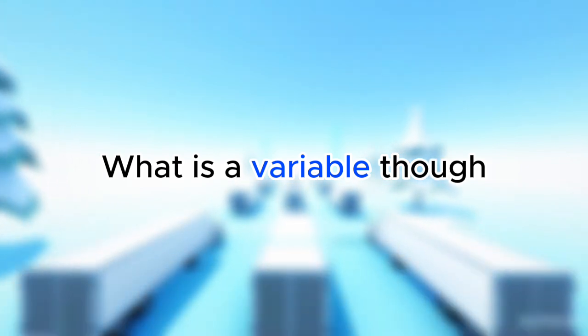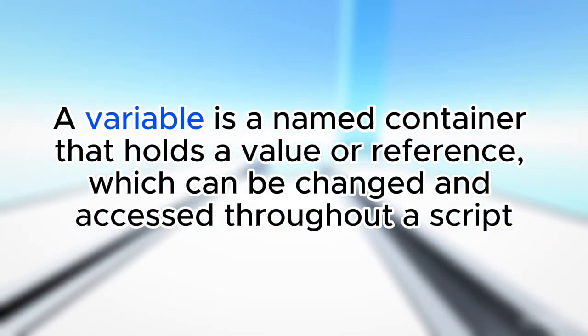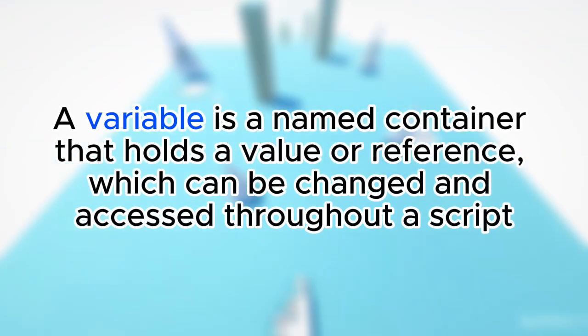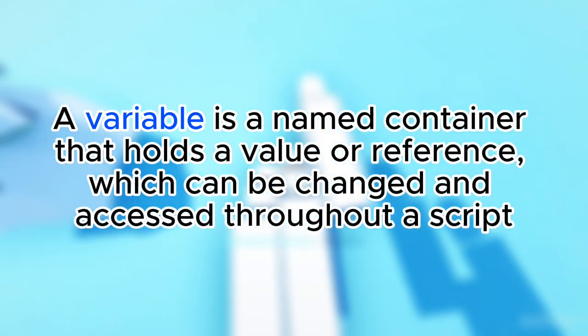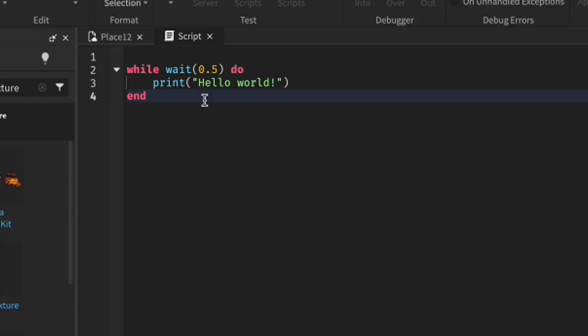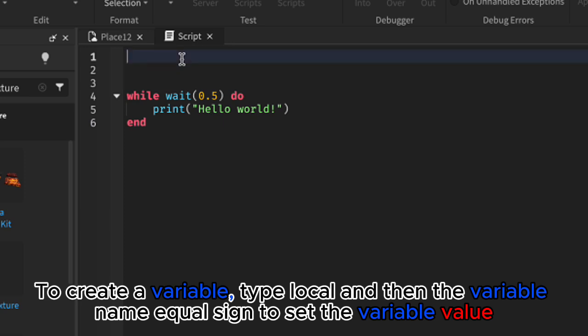What is a variable though? A variable is a named container that holds a value or reference, which can be changed and accessed throughout a script. To create a variable, type local and then the variable name, then an equals sign to set the variable value.